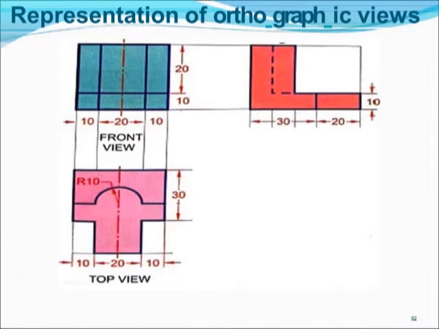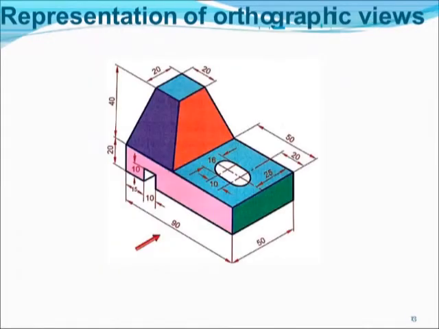And coming back to the third question, please look at this diagram very clearly. Since the arrow mark is given, from the arrow mark I can see the front view.